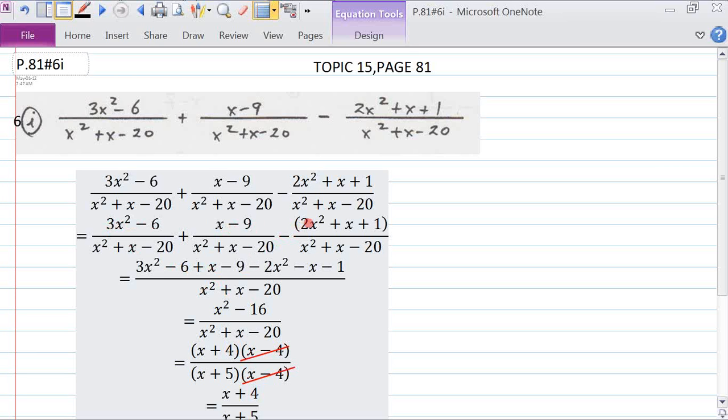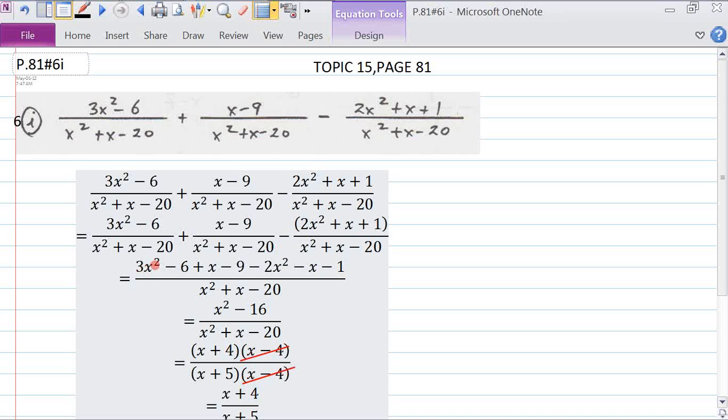Now I do minus 2x squared over here, minus, and really there's an implied 1 here, so minus 1 times plus x gives me minus x, and minus 1 times plus 1 gives me minus 1. So I've actually only just removed the bracket here and changed all the signs.